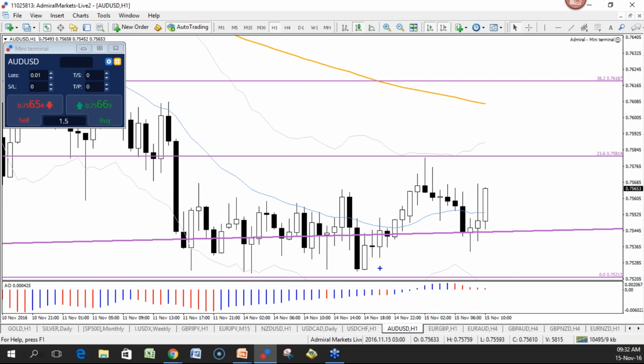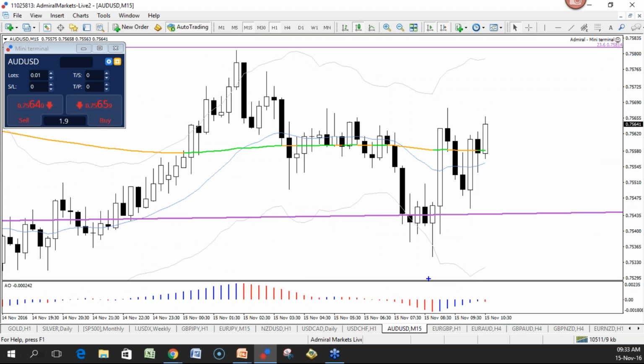So basically it made a hook back already and made a hook back after the hook back.